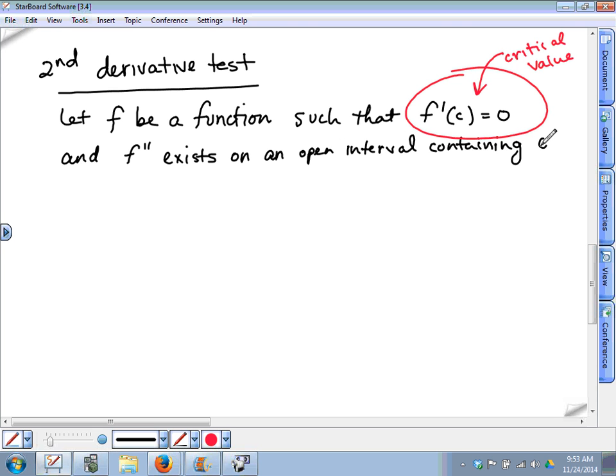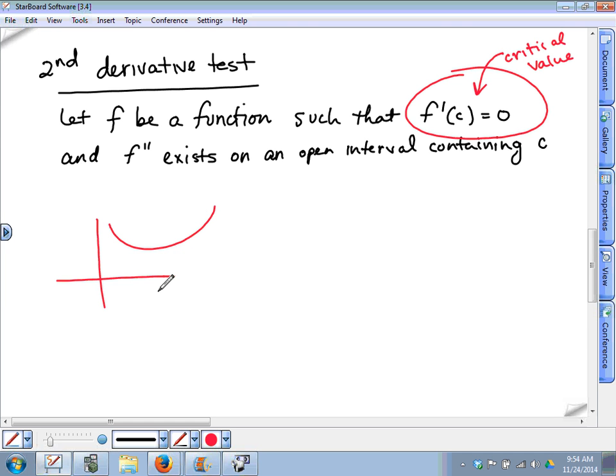So your critical value is inside the interval that contains this second derivative. So think about this. If you have a graph that's concave up and your critical value is in that interval, what does that mean? Let's draw this out. Let's say that the graph is concave up and you know you have a relative extreme in that interval.